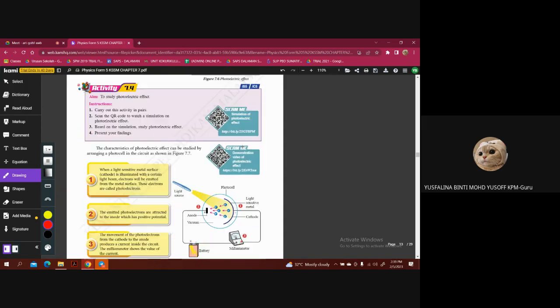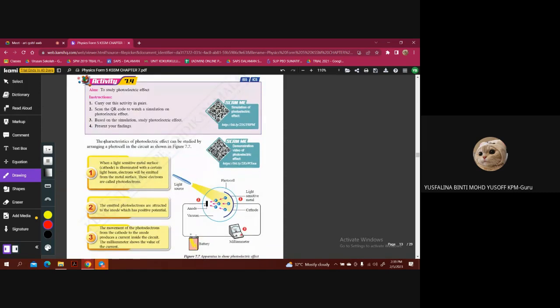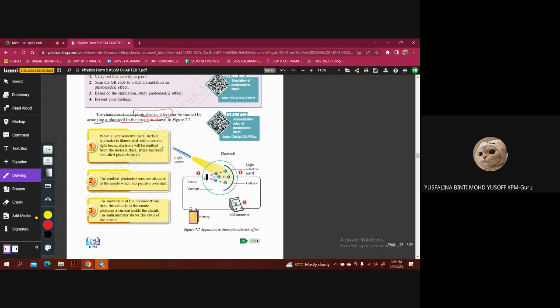Next, the characteristics of the photoelectric effect. We already know what the photoelectric effect is. The characteristics can be studied by arranging a photocell in a circuit as shown in figure 7.7. First, when a light-sensitive metal surface, which we call the cathode, is illuminated with a certain light beam, electrons will be emitted from the metal surface.